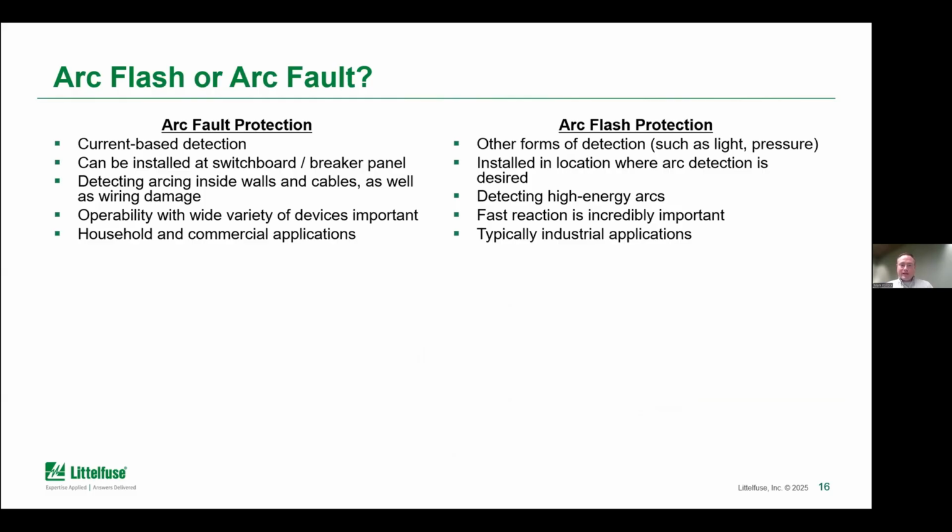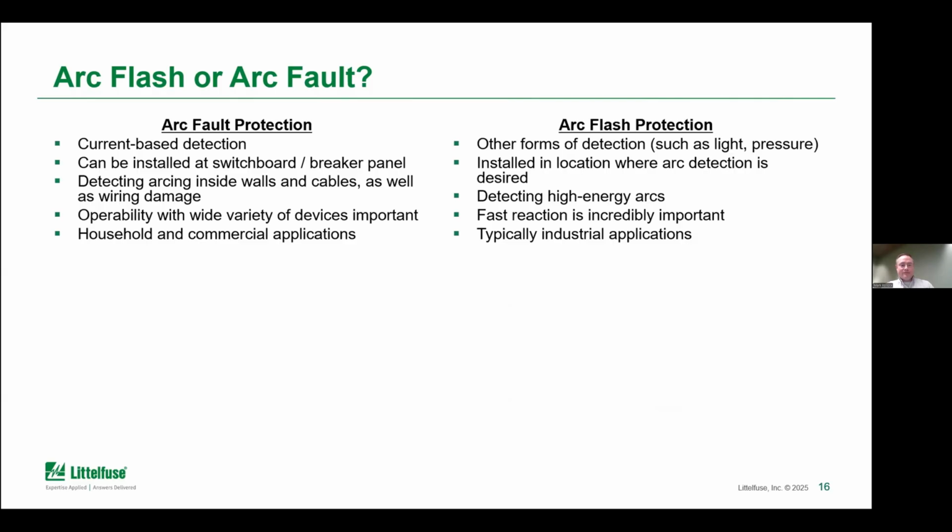Now, another good base question to talk about, we talk about arc flash, but what's the difference to arc fault? Because we hear about arc fault protection and arc flash protection, and are these the same? Or how are they different? So when we use the term arc fault, typically we're talking about the current-based detection, and a lot of those are installed in household or light commercial applications that is looking at the current signature. It's measuring the current, looking for a particular signature in that current to determine that there is arcing occurring somewhere downstream.